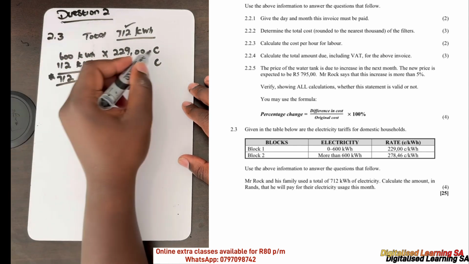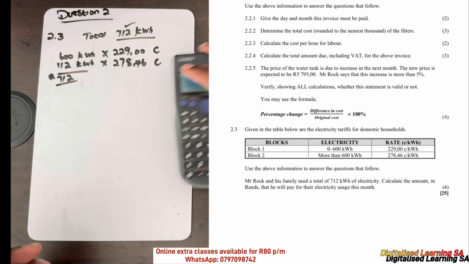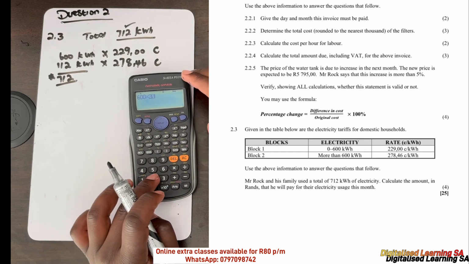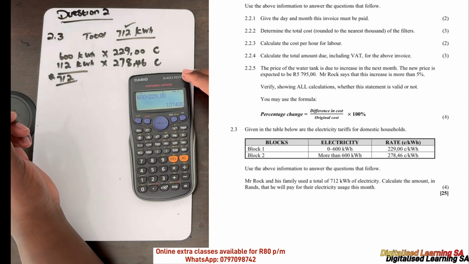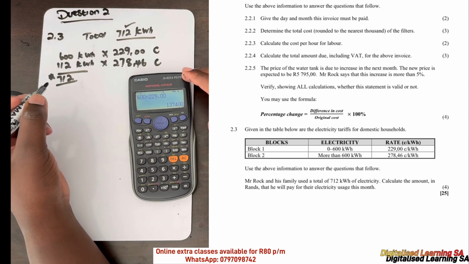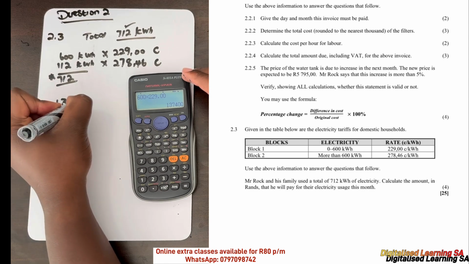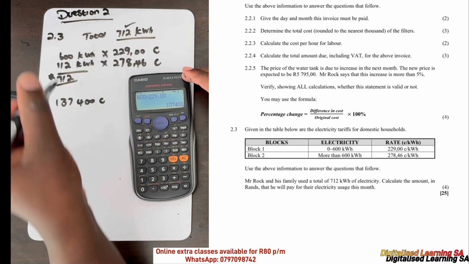So now we can just multiply and see what our answers will be. So we'll say 600 multiplied by 229.00, and our answer will be 137,400 cents. Remember, it is in cents, right?